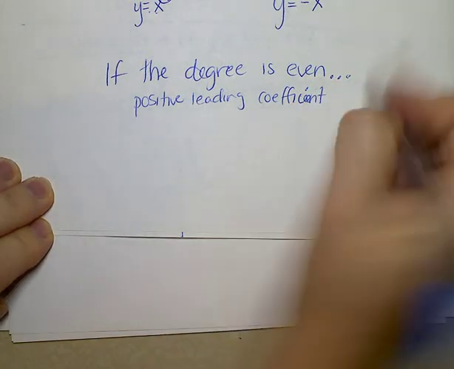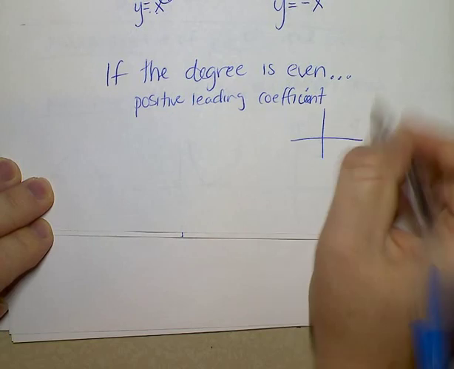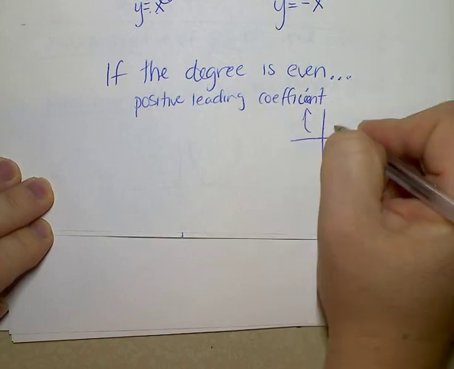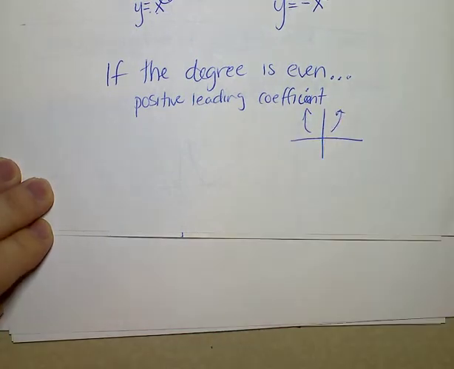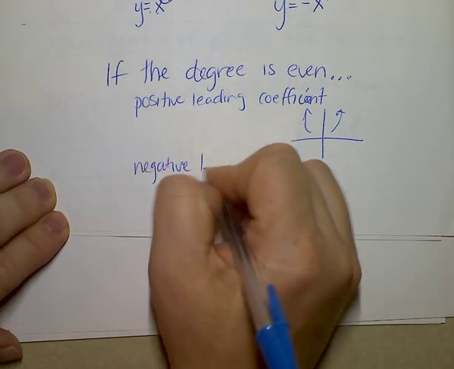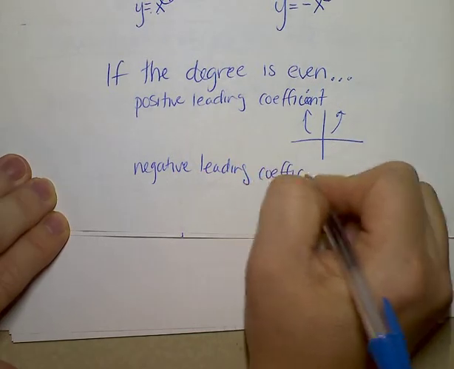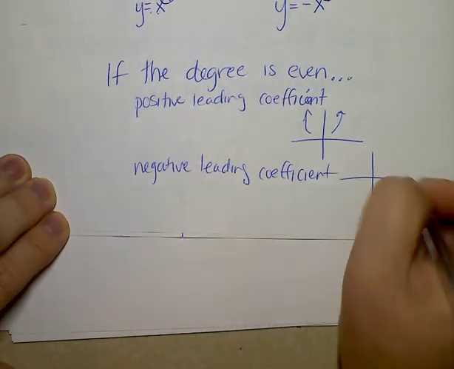Okay, if the degree is even and you have a positive leading coefficient, both ends go up. If you have a negative leading coefficient, both ends go down.